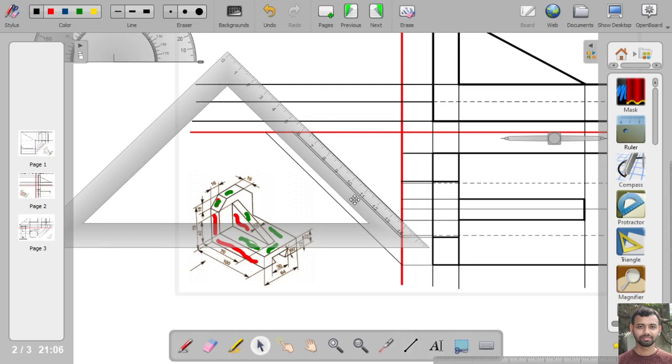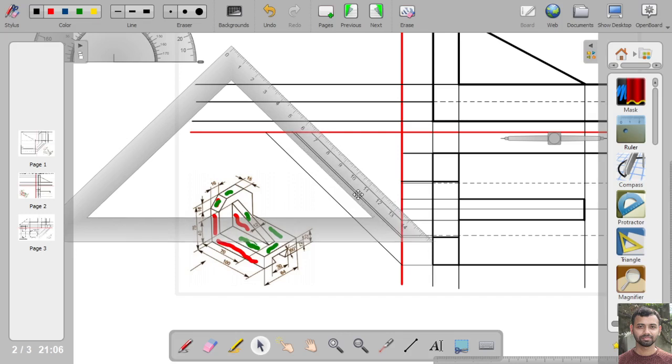In this way, we will project all these points in the LPP with the help of a 45-degree set square.